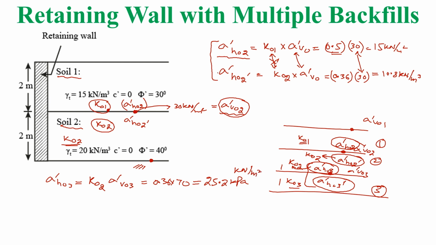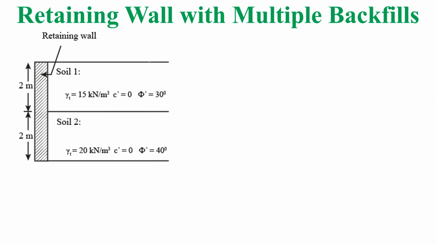When we have determined these horizontal stresses, then our problem will be simple. We will simply have to draw a pressure distribution diagram along the wall. We will indicate 3 points or 3 lines on the intersection points, and we will draw the pressure diagram.